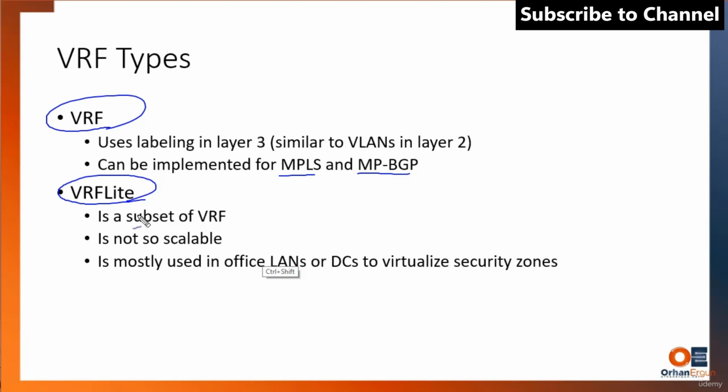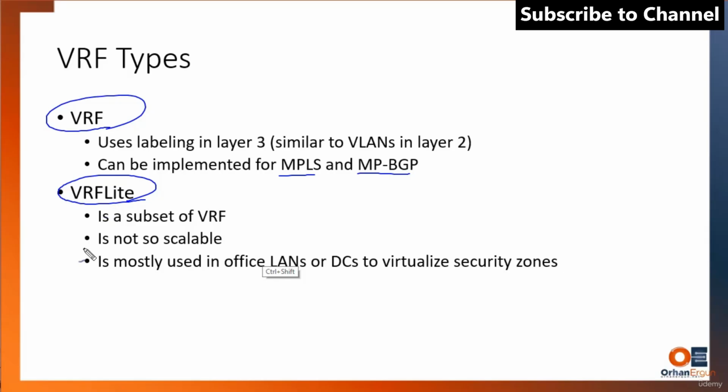In contrast, VRF Lite is kind of VRF without MPLS. So when you are talking about VRF Lite, you are talking about just one router most of the time, which is virtualized, and you do not really extend this. You can extend this to multiple routers, but you do not really go for that, because extending it to multiple routers is going to give you headache.